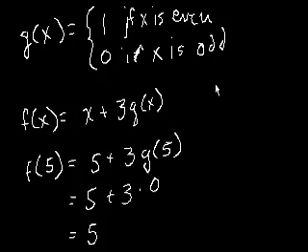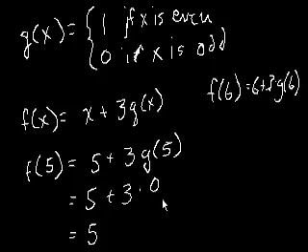Well, what would be f of 6? f of 6 would equal 6 plus 3 times g of 6, right? And once again, g of 6 is, well, 6 is even, so 1. So g of 6 is equal to 1.